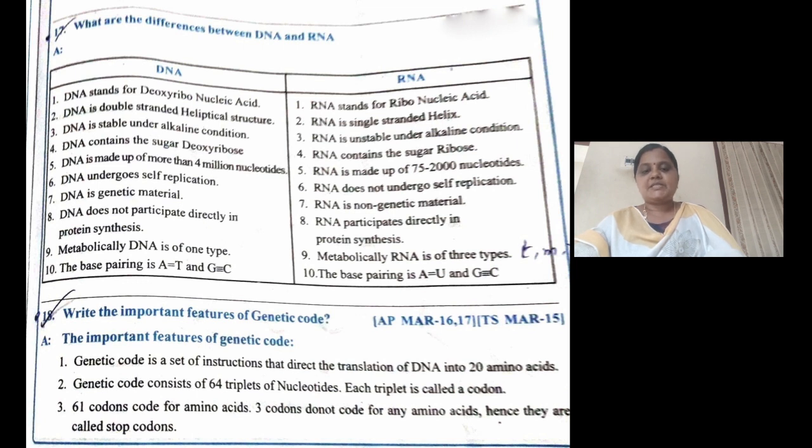DNA is stable under alkaline conditions, whereas RNA is unstable under alkaline conditions. DNA contains the sugar deoxyribose, whereas RNA contains the sugar ribose. DNA is made up of more than 4 million nucleotides, whereas RNA is made up of 75 to 2000 nucleotides.